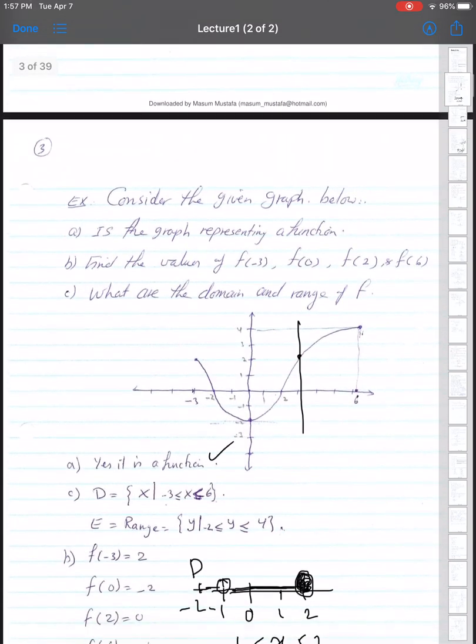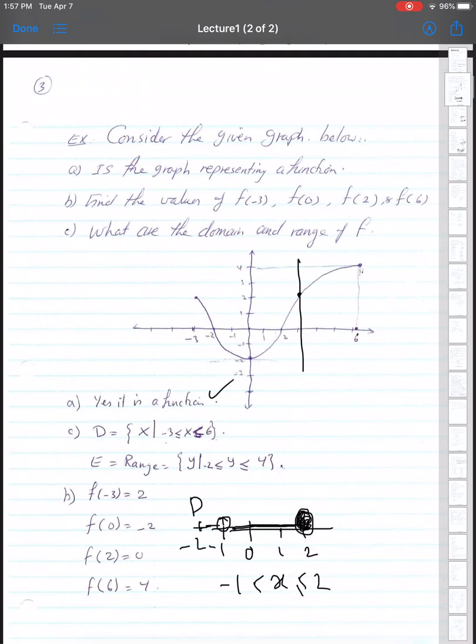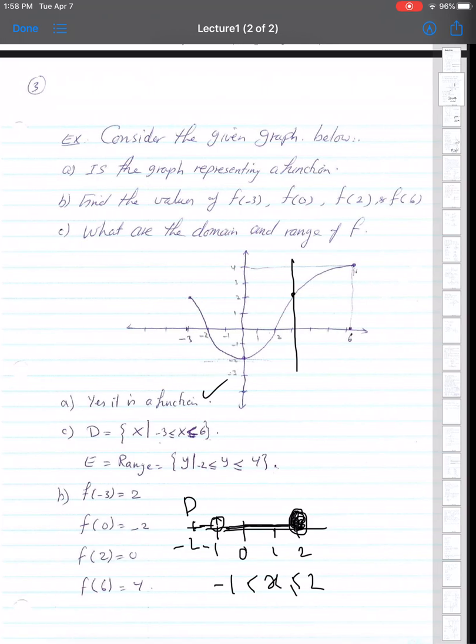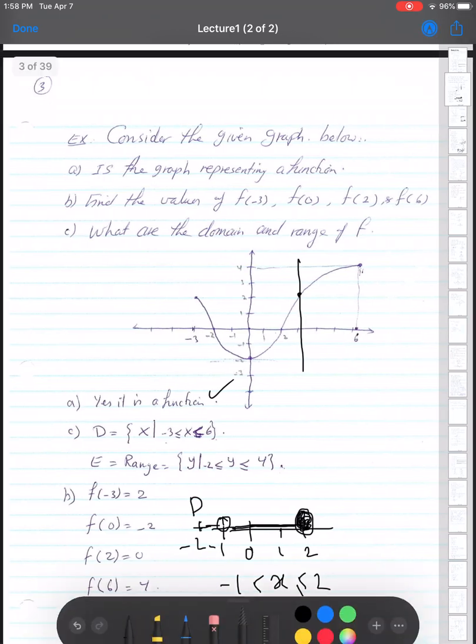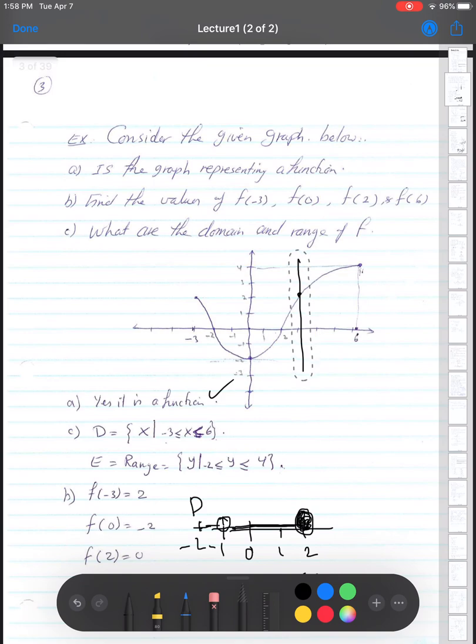So we'll look into this example. We'll consider this graph. Does the graph represent a function? Yes. Why? If you draw a vertical line across the graph, it only intersects at one point. It's only intersecting here, so it's a function. If we draw another line, it's only intersecting there, so it's a function.